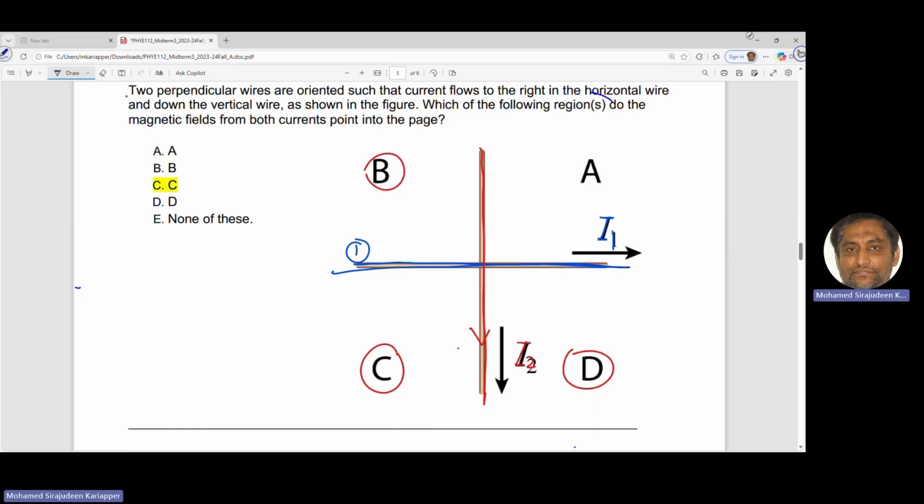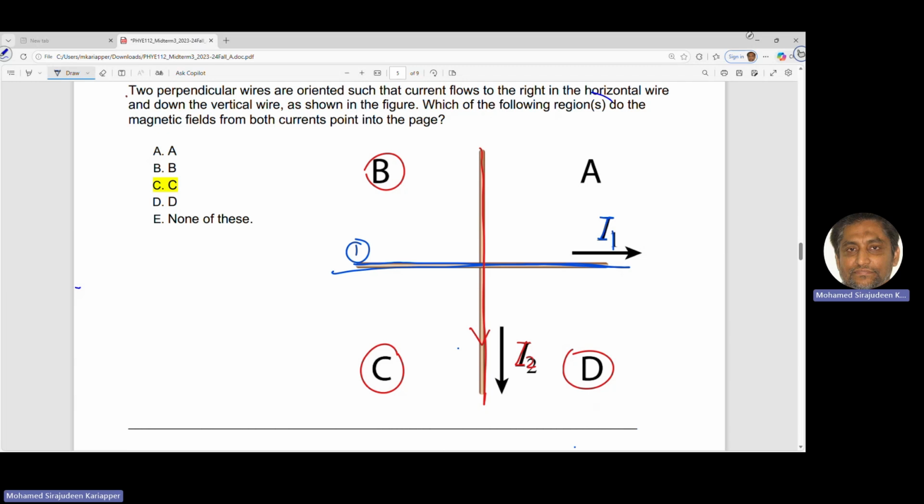This is my screen plane. So you put your finger, then anywhere above this wire, the magnetic field will be out of the board. Is that clear? Any region above the wire, the magnetic field from wire 1 will be out of the board. Any region below the wire, the magnetic field will be into the board.